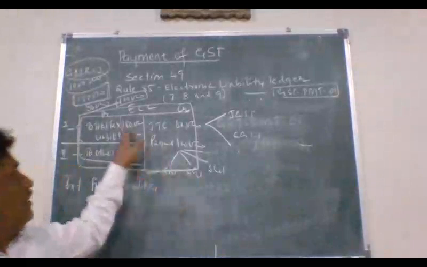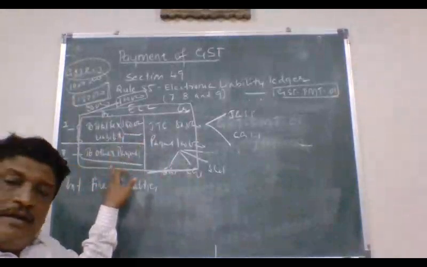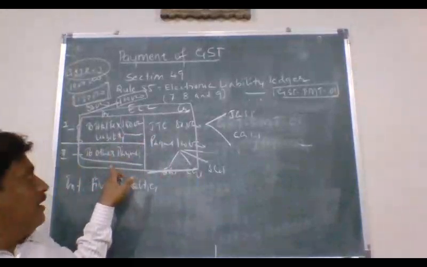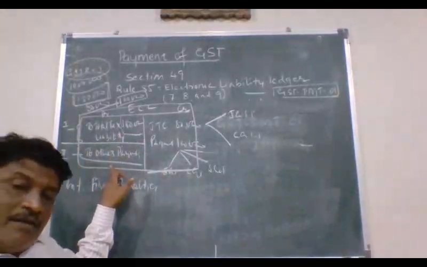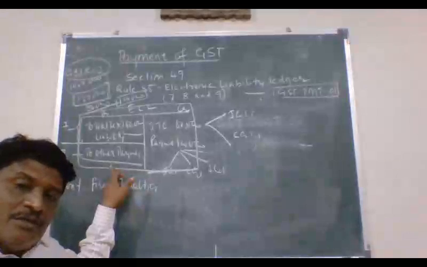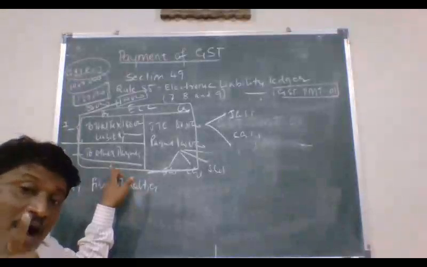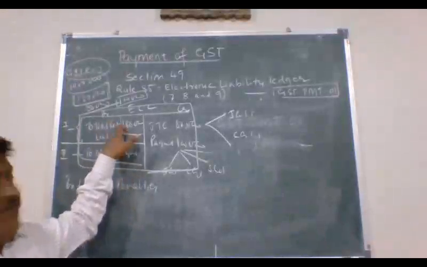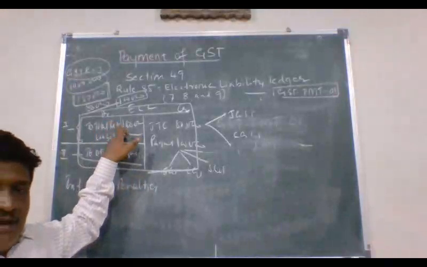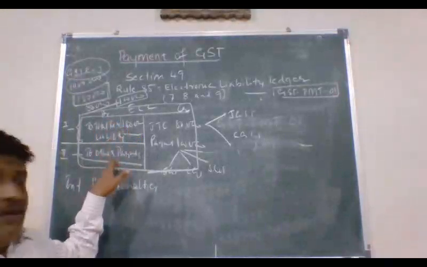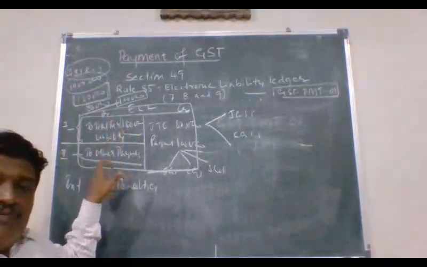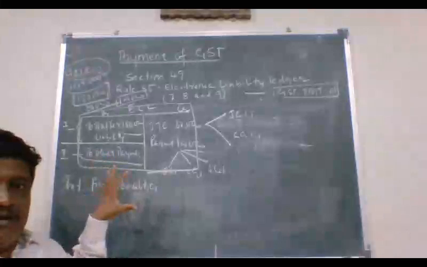In the second part, it contains the details of the liabilities of the registered dealer other than this information. Other than the tax liability means what? Interest, fines and penalties. The second part contains these.